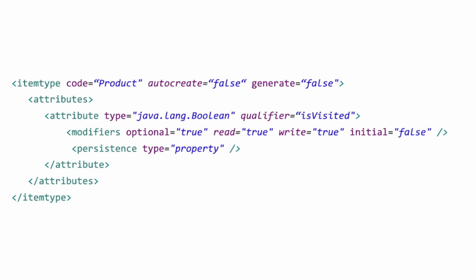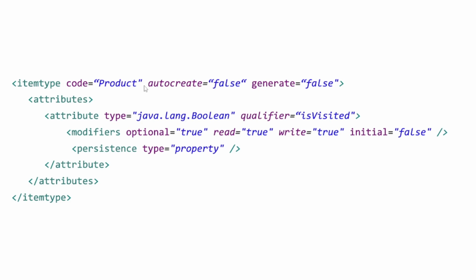So in that case we will define it like this. We will use item type called Product, with autocreate equal to false and generate equal to false, because this product model is already there and the model Java class is already created for this one. So that's why we don't want to create a table and Java class again for this one.